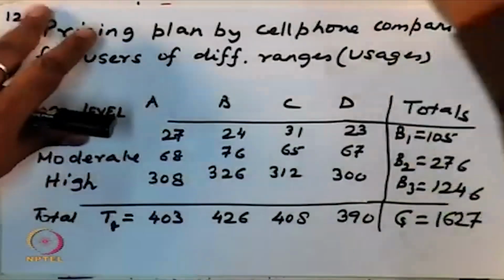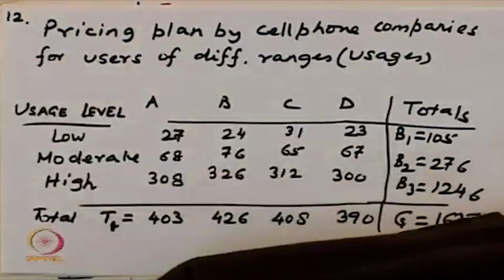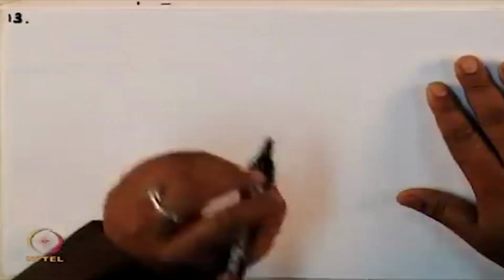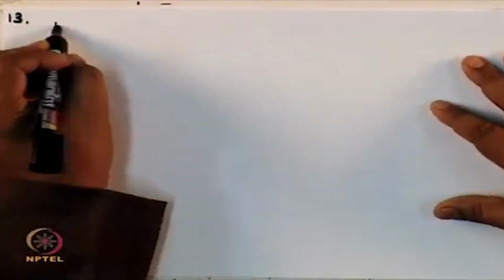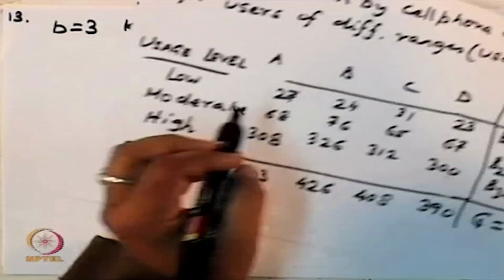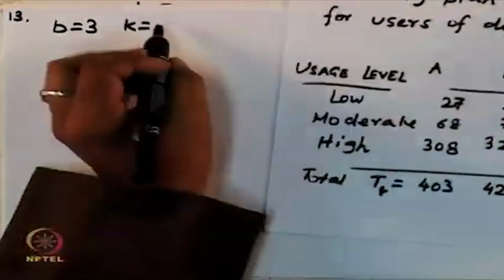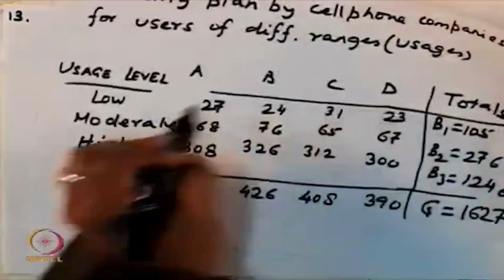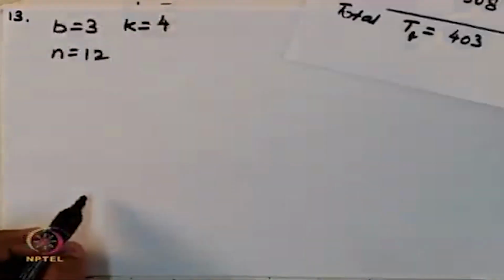For this, your B, the number of blocks, is 3, K, your number of companies A, B, C, D, is 4, N is 12. So you have this total combination of 12 observations.